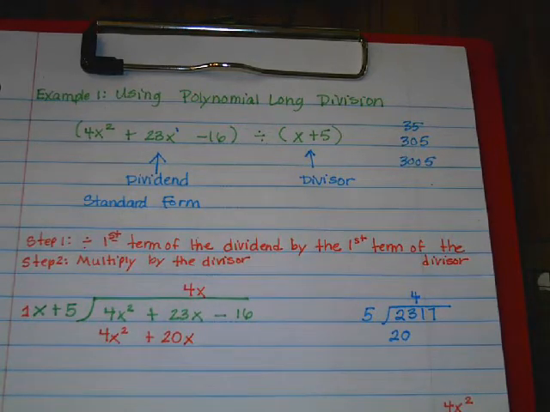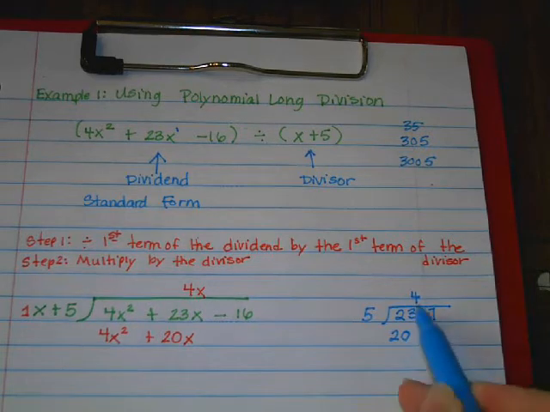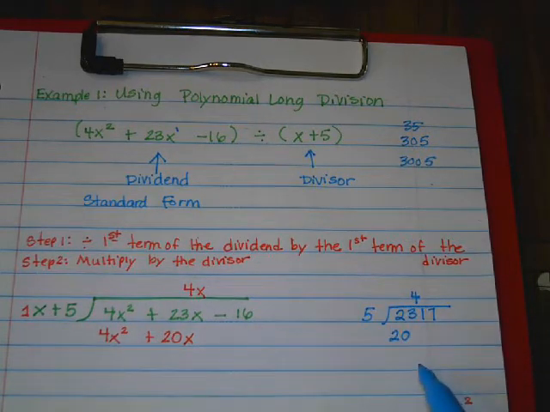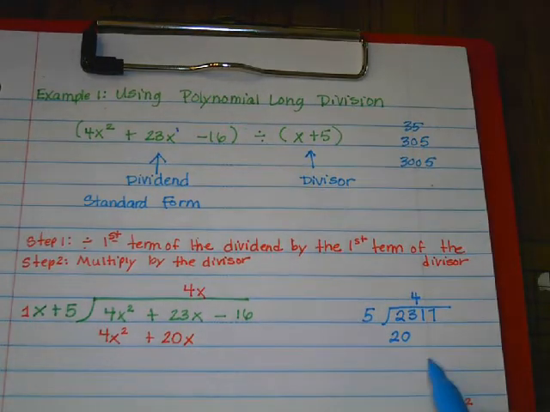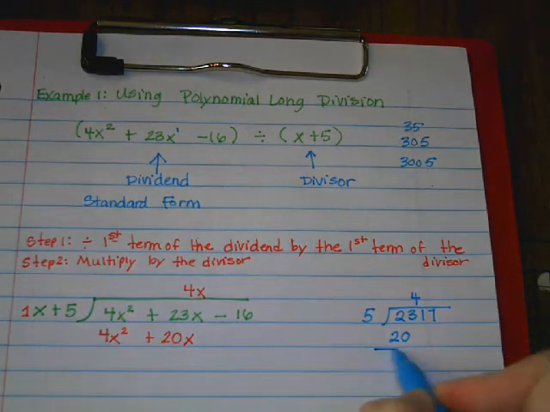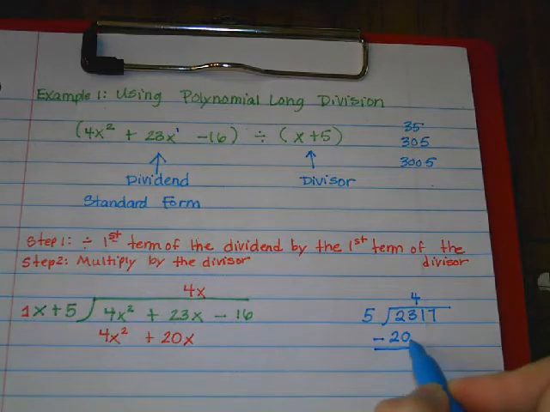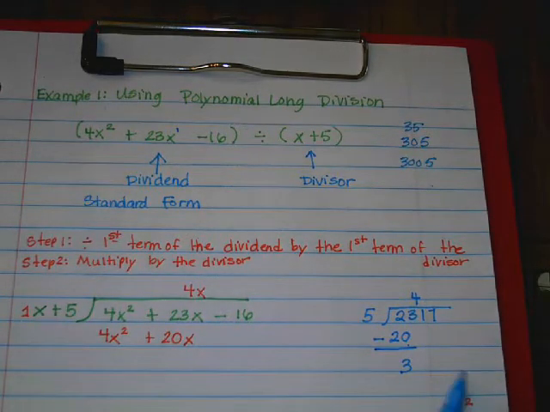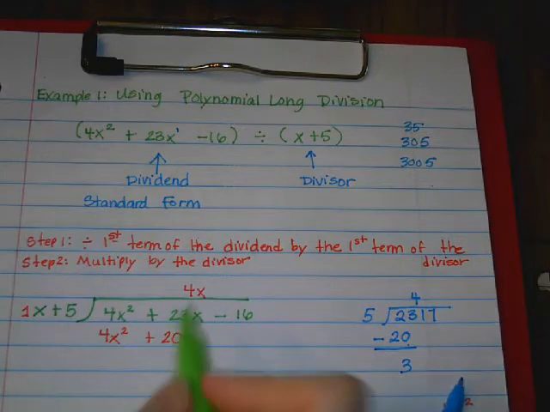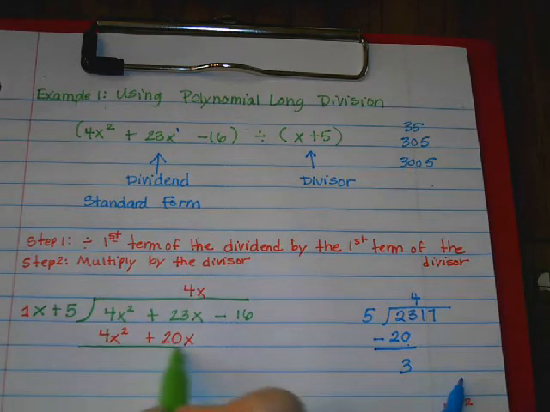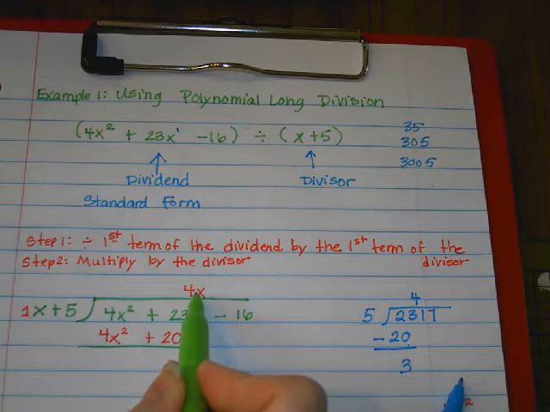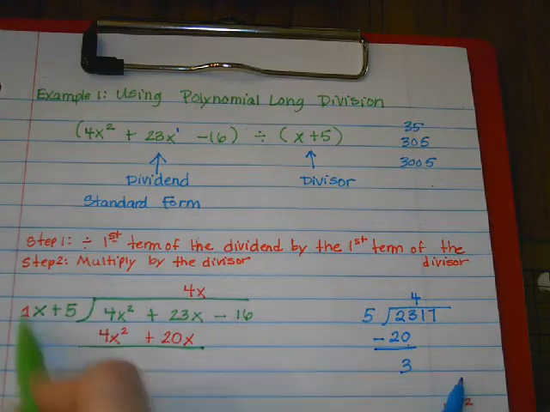Alright, so now on a regular division over here, after we multiplied 5 times 4, what do you normally do now? That's right, Lily, we subtract. So we do 23 minus 20 and we would get 3. Well, we're going to use the same concept here. Once we divide, we get a 4x. We multiply and we get our new product.